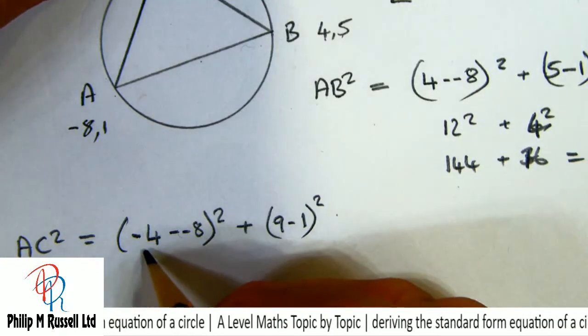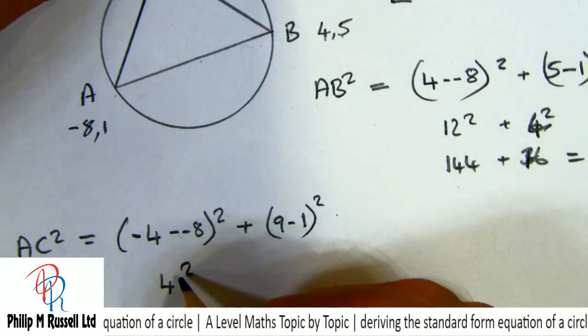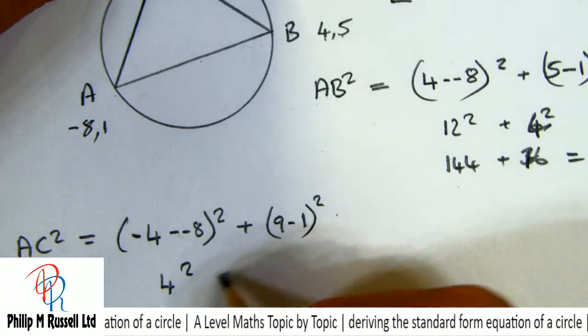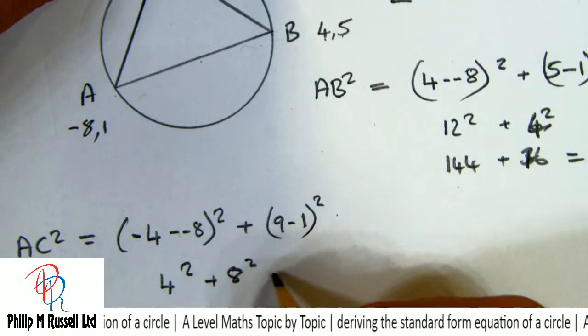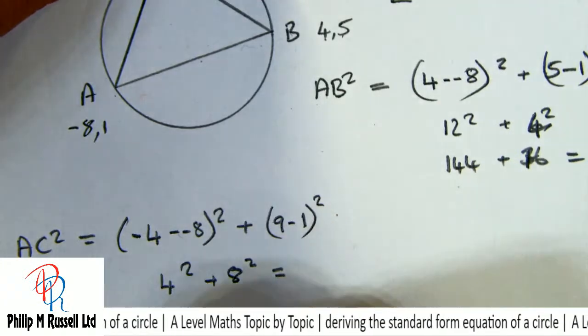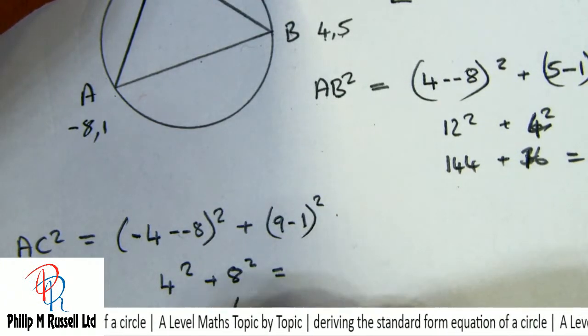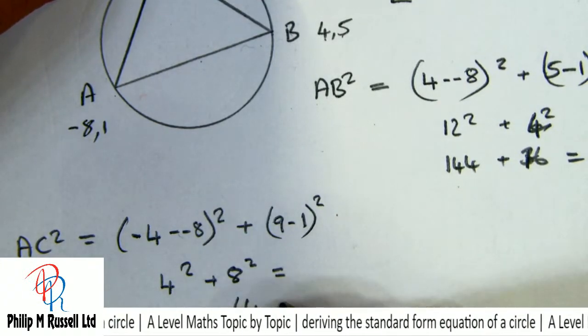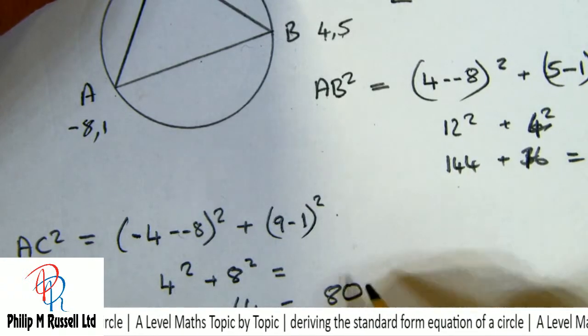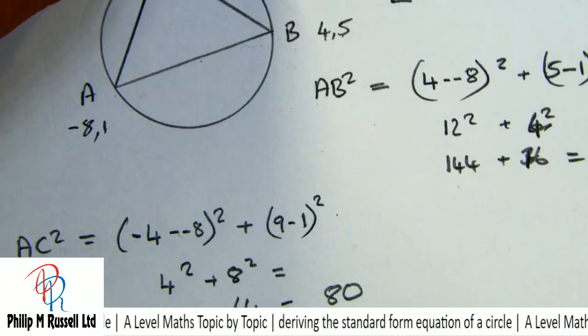That's going to be the same as 4 squared plus 8 squared. That's going to be 16 plus 64 is going to give me 80. Okay.